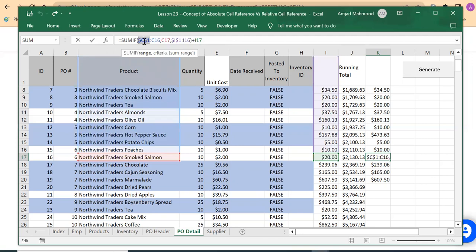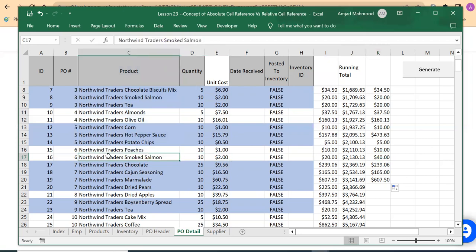The absolute range will be here because we need to know at any given point of time, until before this stage, how much smoked salmon has been sold, right? So that SUMIF brought the figure 20, and that is verifiable. Straight away you see 20 correctly. Okay, so this is the total.